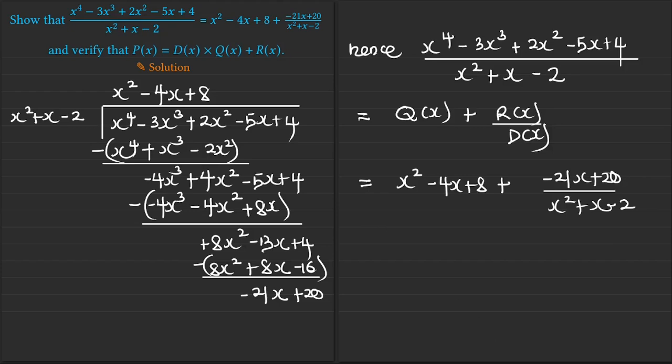Now, when it comes to what we've been asked to prove, that is to say p of x, the polynomial, is equal to the divisor, then times our quotient, and then plus our remainder. Let's see how that goes.